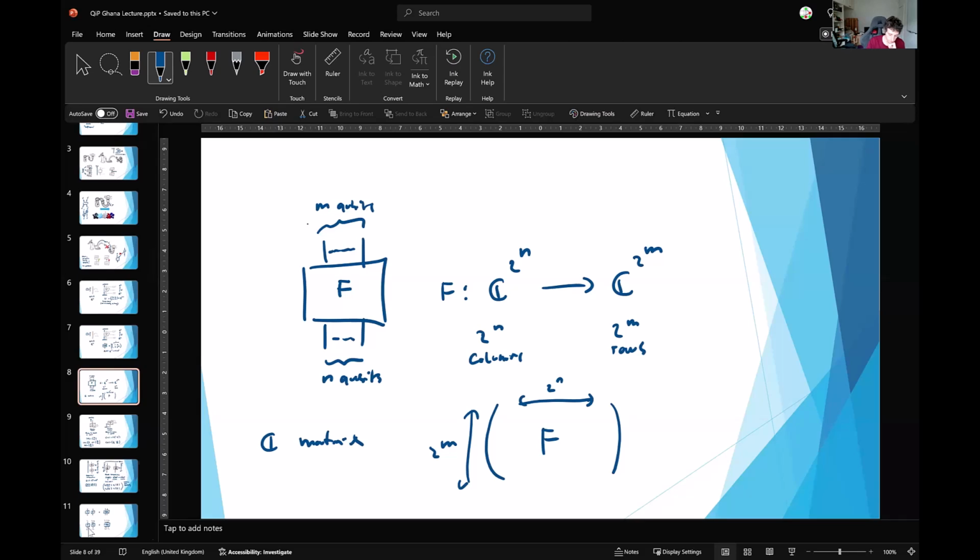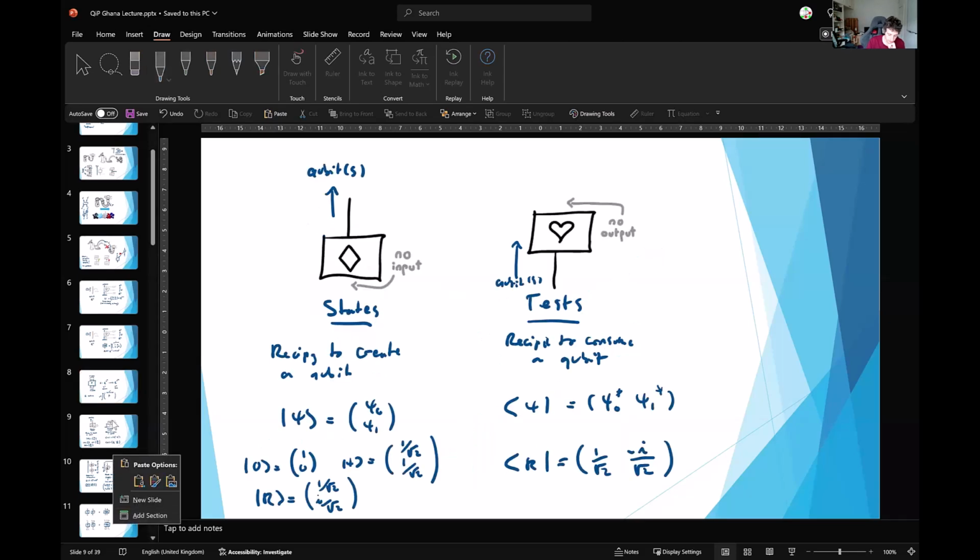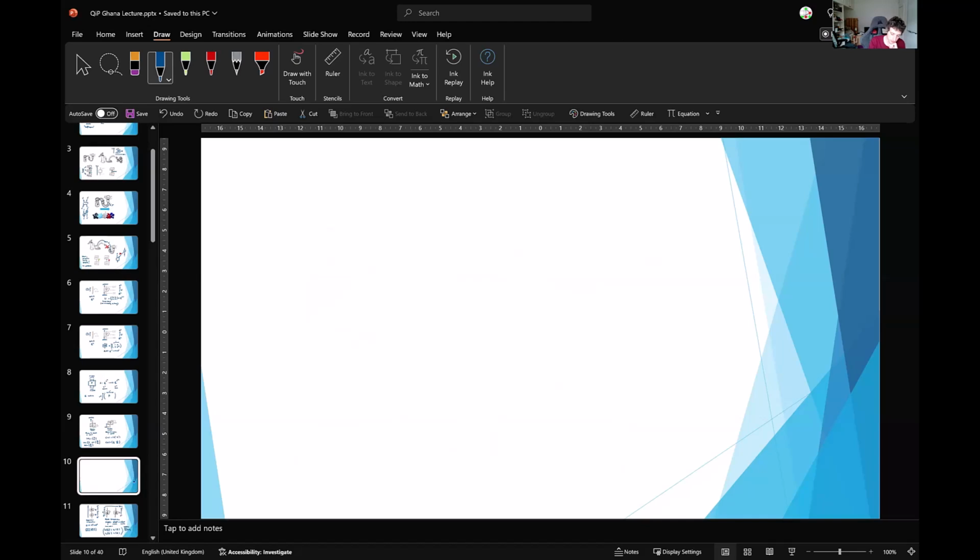The special cases of states and effects are given by the fact that if you have a state, it can have any number of outputs, so n qubits. And so this is something that goes from, you can think of it as a map that goes from 2^0, so C, just C, but nobody really writes that. So you can really imagine that it is a column vector.